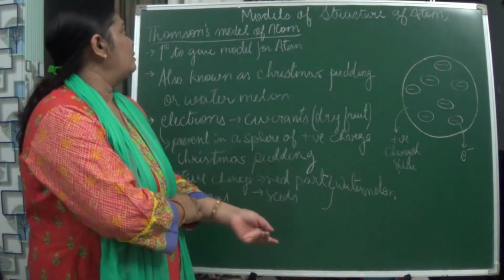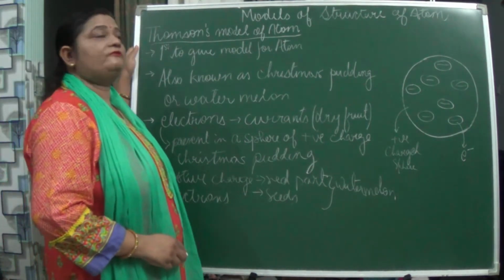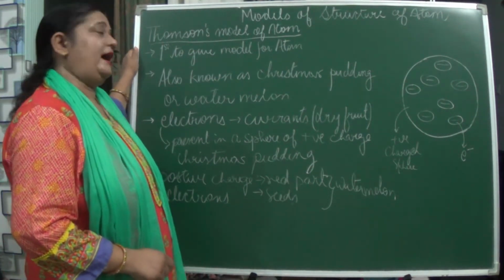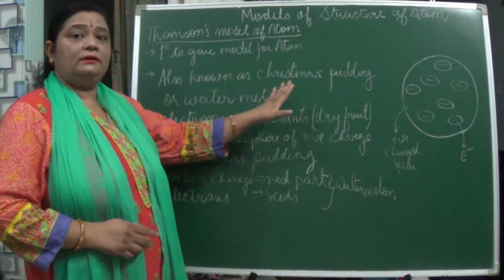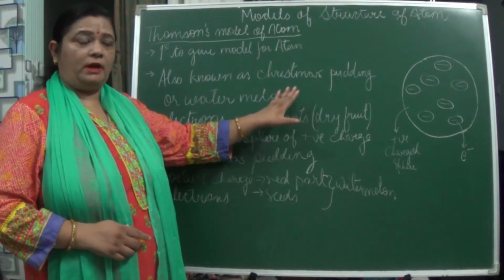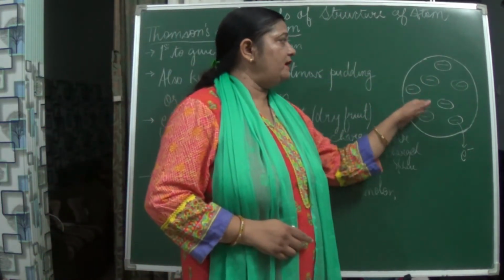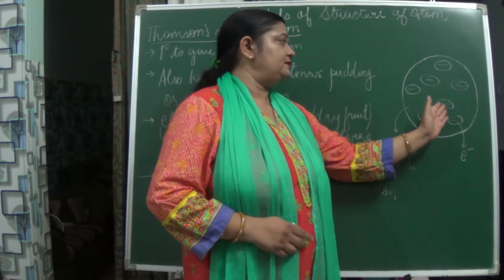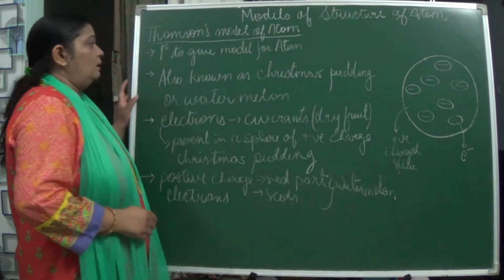Now here Thomson came forward first to give the model of structure of atom. At that time neutrons were not discovered. So his atom said that there is a positive sphere and in that the negative particles are present.